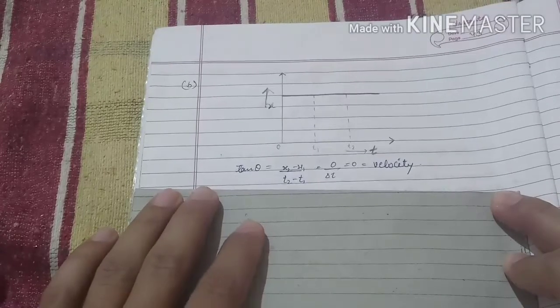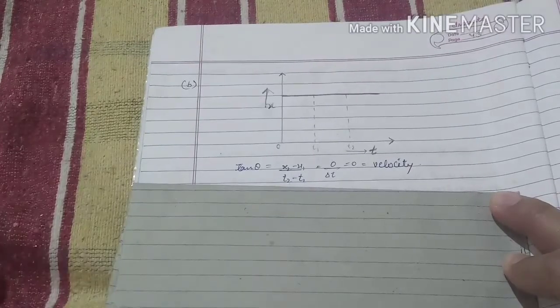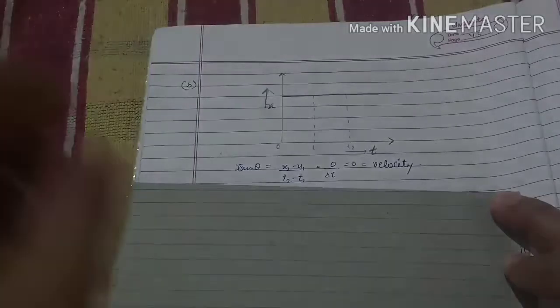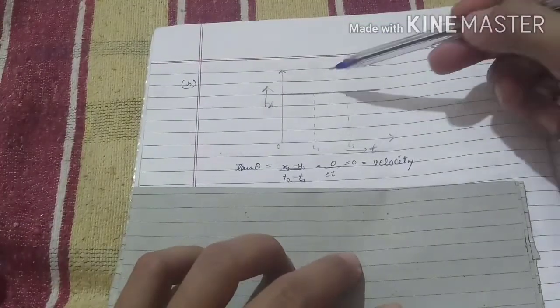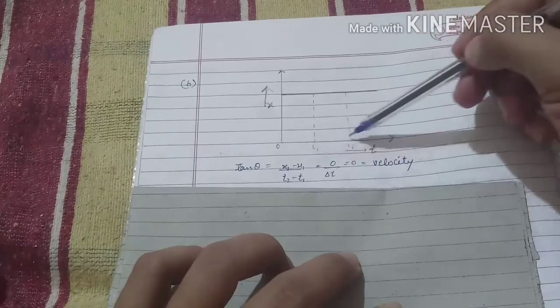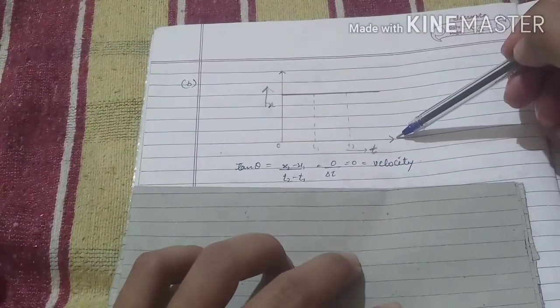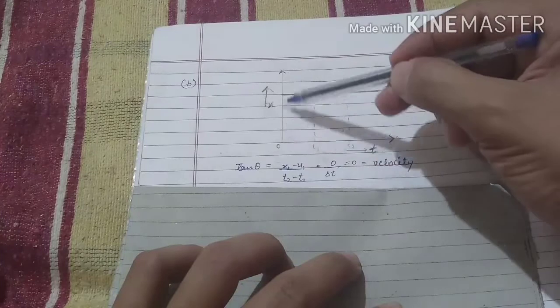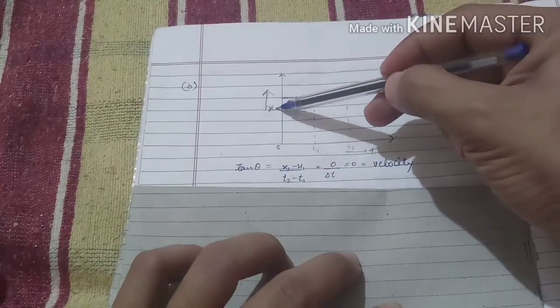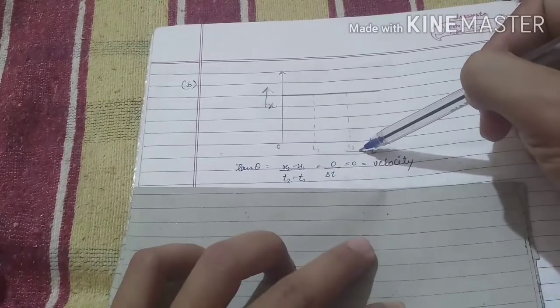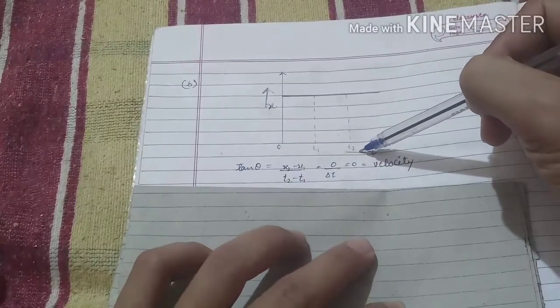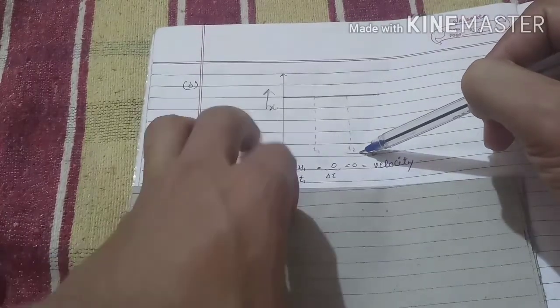In this graph, look everyone. This is our time axis as we had taken in the earlier graph, and this one is the y axis, x means displacement.